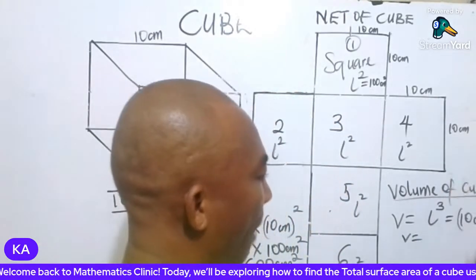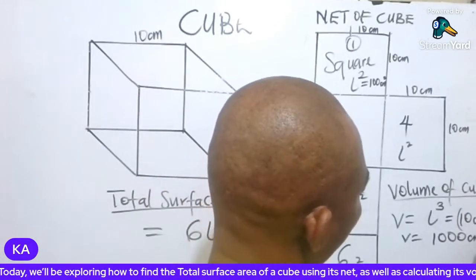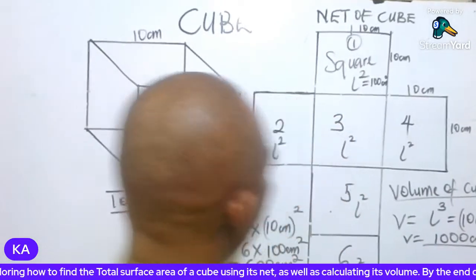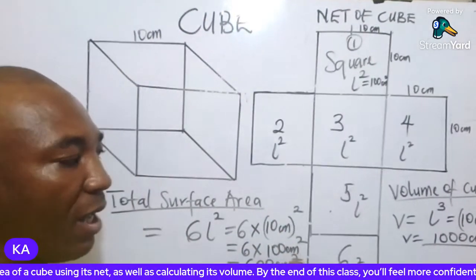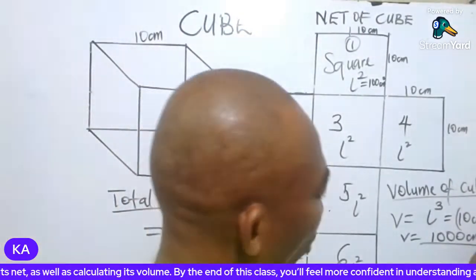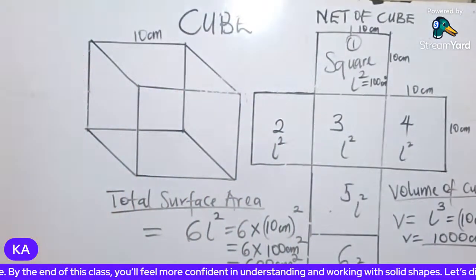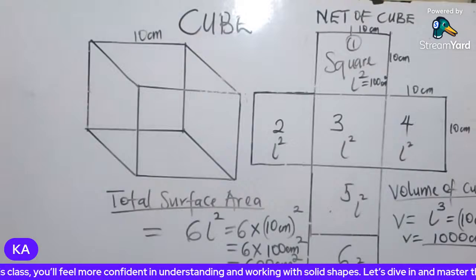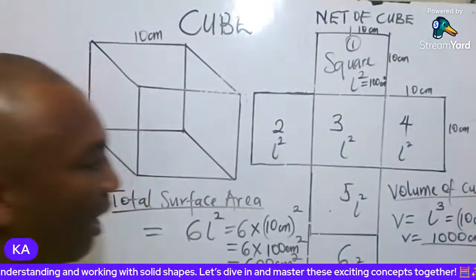That's 10 centimeter multiplied by 10 centimeter multiplied by 10 centimeter, and that will give us 1000 centimeter cubed. And that is why the unit of area is squared, and the unit of volume is measured in what? In cubed. Can we see that? That's good.